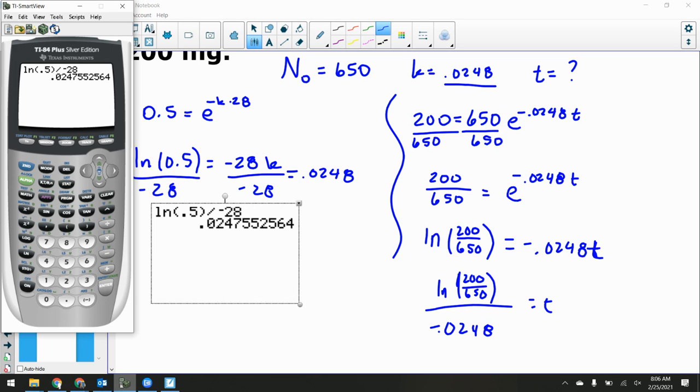I'm going to plug this in all at once. I'm going to say ln of 200 over 650 divided by negative answer. And there's how long it's going to take, 47.61 days.